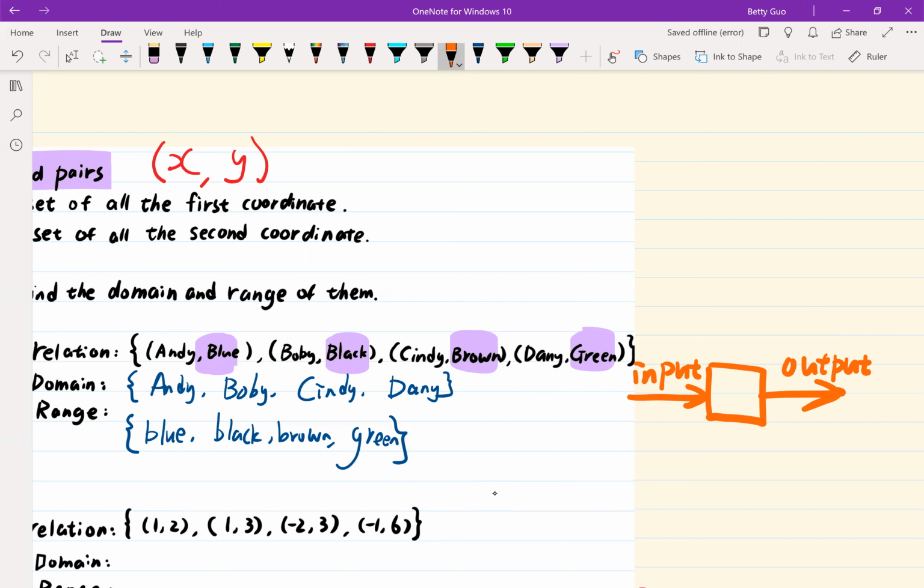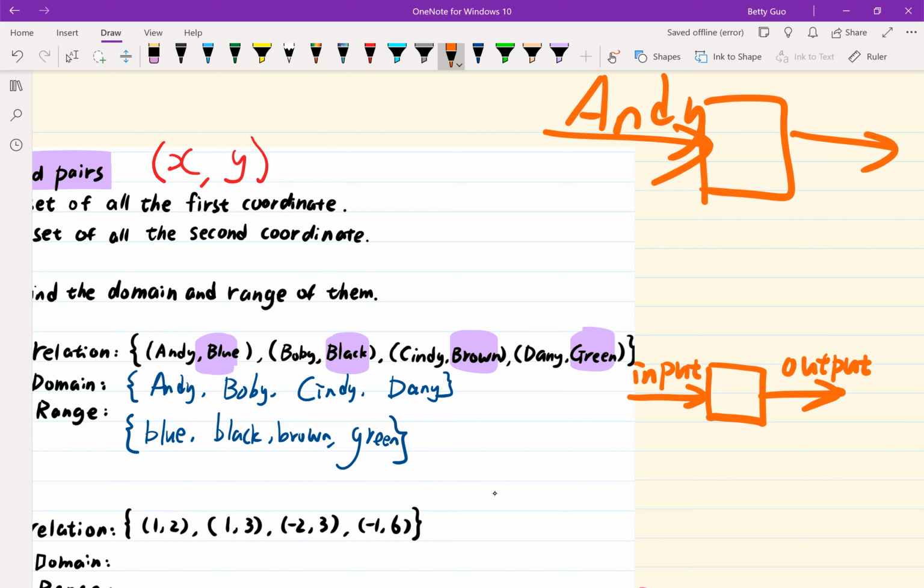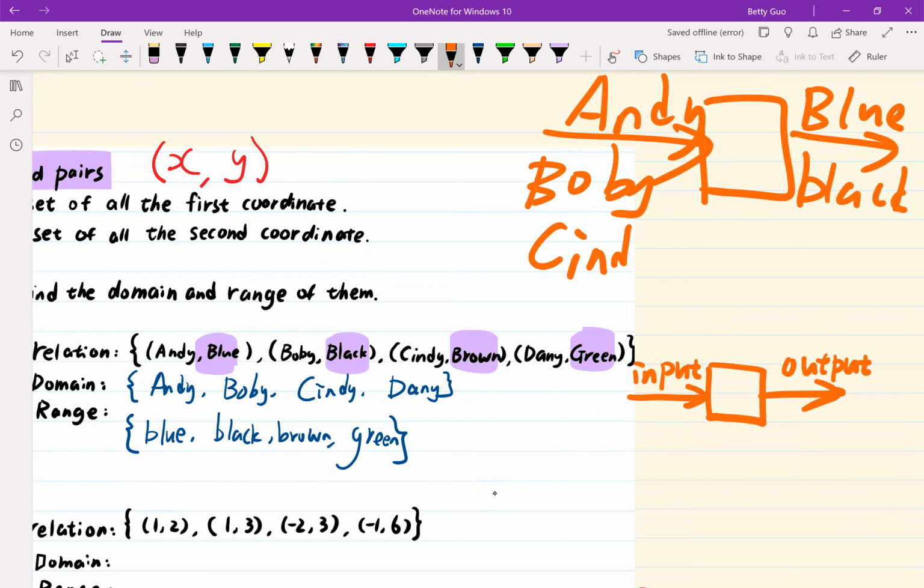So for this case, let's see what kind of machine this is. If you type in Andy's name, the machine tells you blue. The eye color is blue, right? If you tell the machine, I want to know Bobby's eye color, the machine tells you black. If you type in Cindy's name, the machine tells you Cindy's eye color is brown.